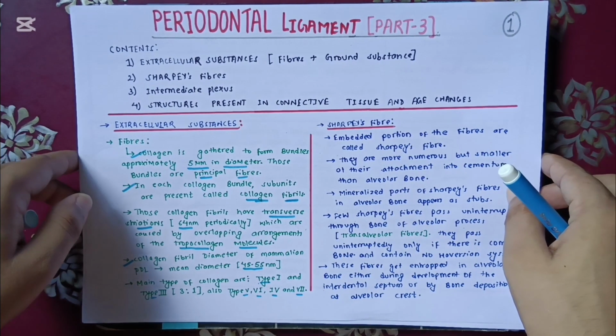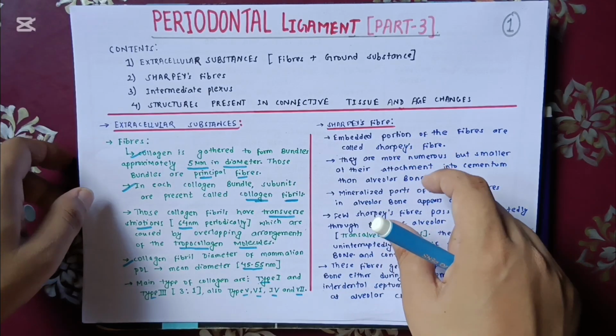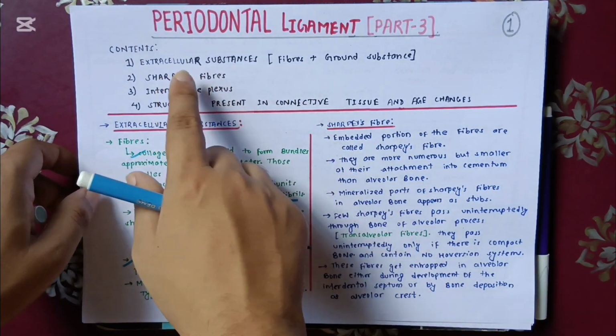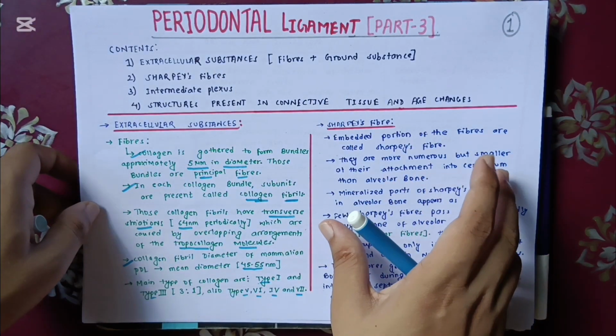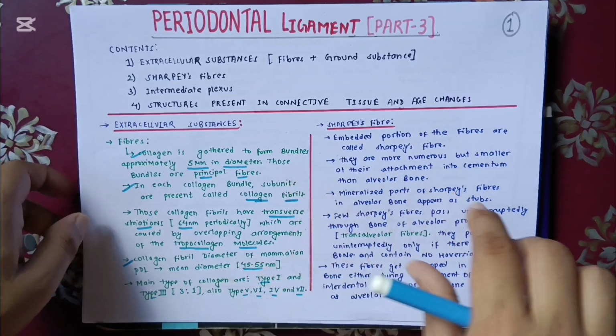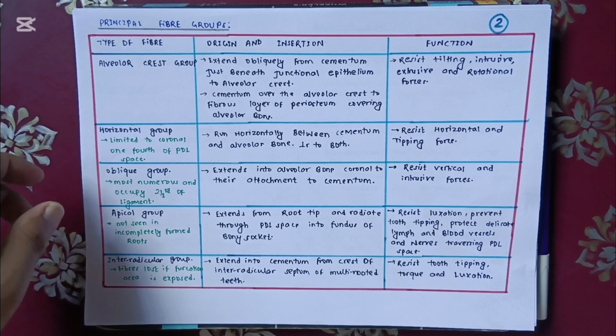So we have completed this. In the next part I have written about the surface fiber, but I will discuss it later, after we complete the fibers and the ground substance. I think I will add the surface fiber here because it is also related to the fiber, but I will discuss it later in this video itself.